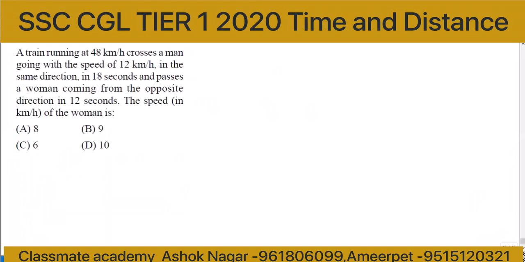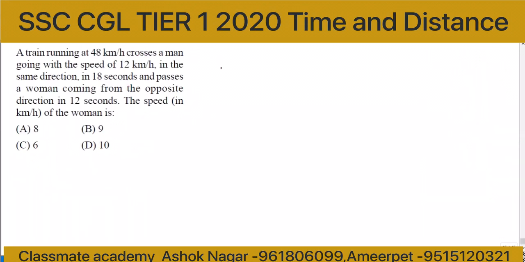First of all, the train running at 48 km per hour crosses a man going at 12 kilometers per hour in the same direction in 18 seconds. In both the cases, what is the same, do you think? Is it not the length of the train, the distance? Right?